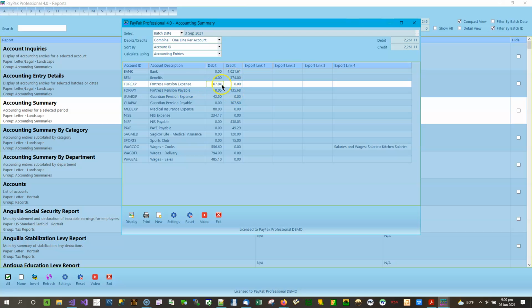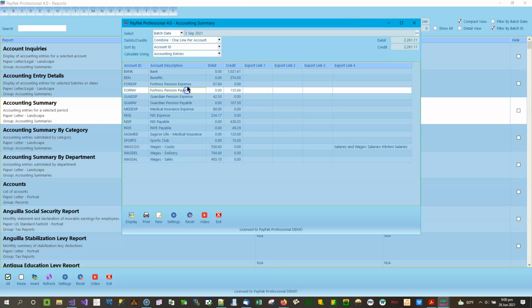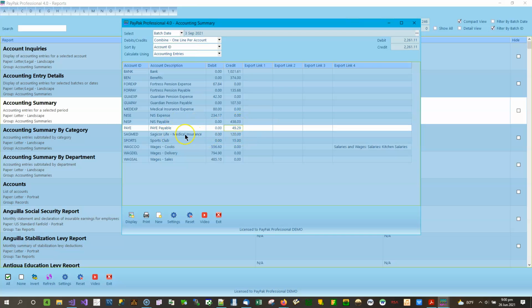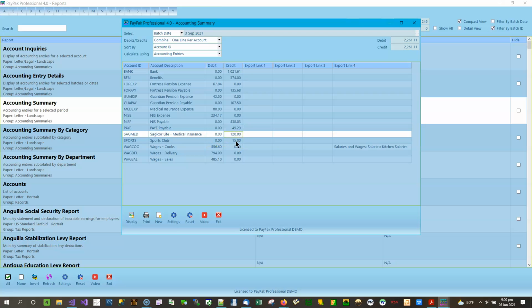These are various expense and payable accounts for the Fortress pension. There's also some for the Guardian pension. There's a medical insurance expense, national insurance expense, NIS payable, PAYE payable, and Sagicor medical insurance. These are credits here. And then there's debits for the wages cooks, wages delivery, and wages sales.